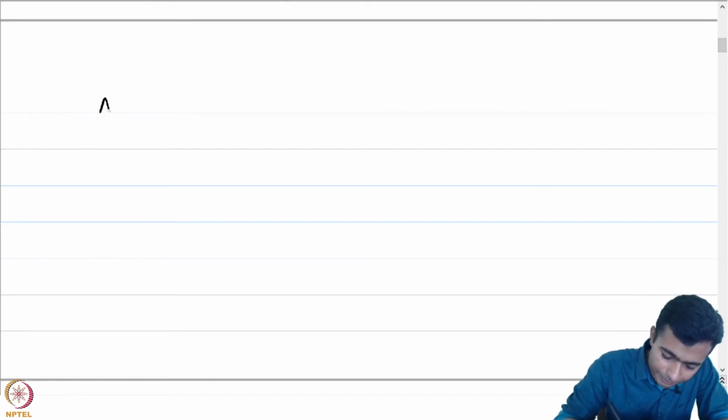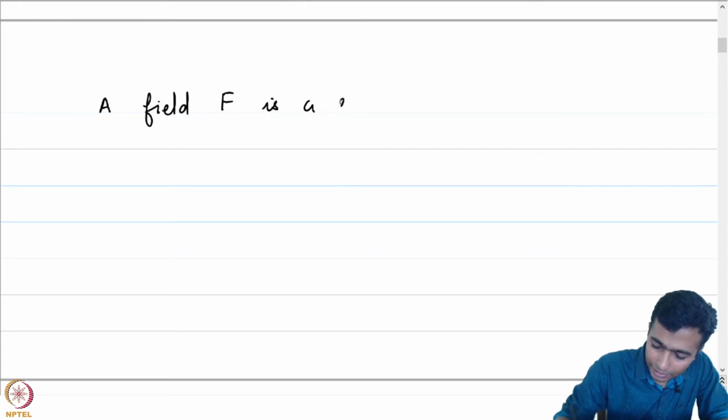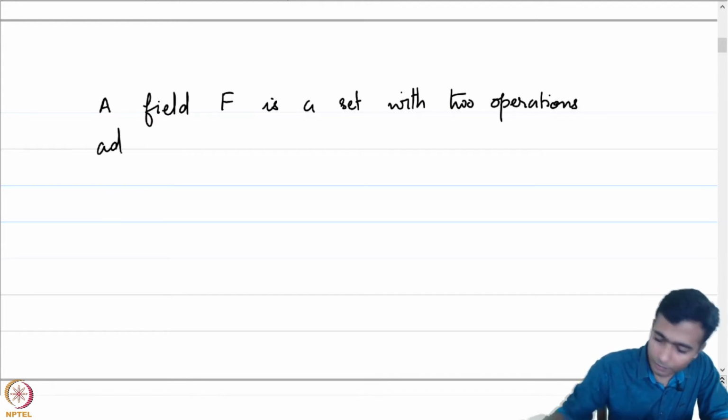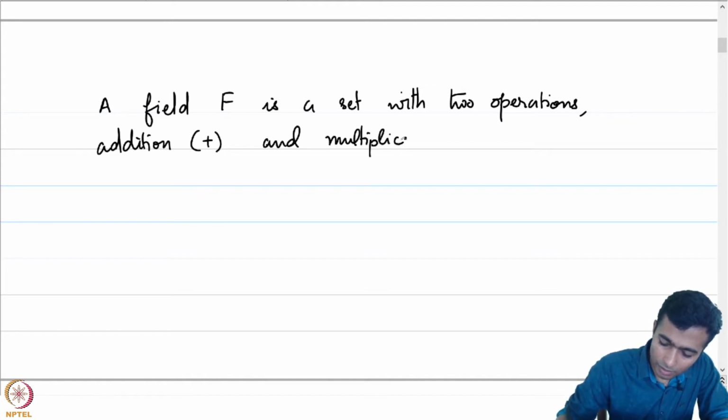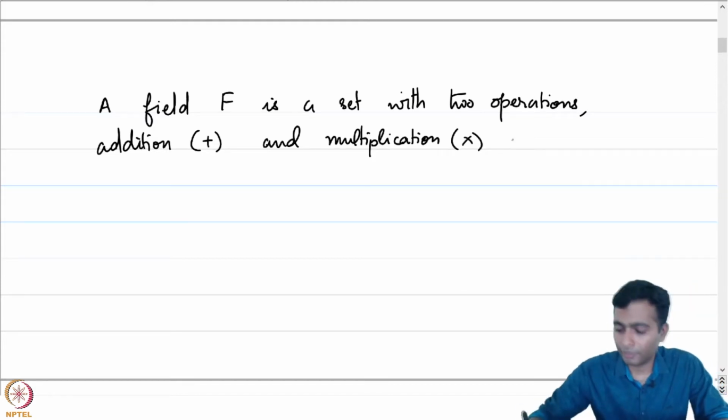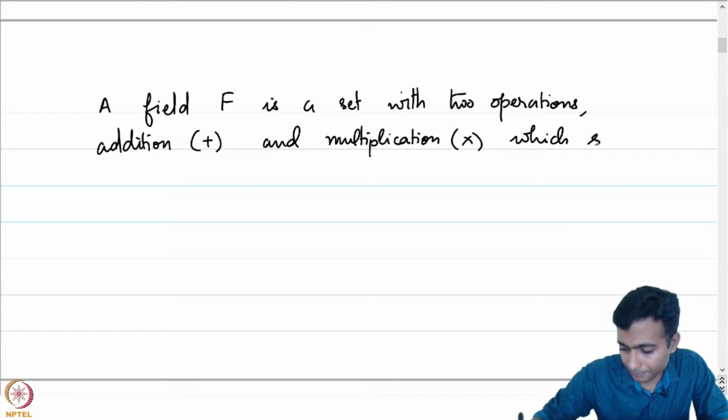A field F is a set with two operations. Let's call these operations addition, which I'll denote by plus, and multiplication, which is denoted by cross, which satisfy the following properties.